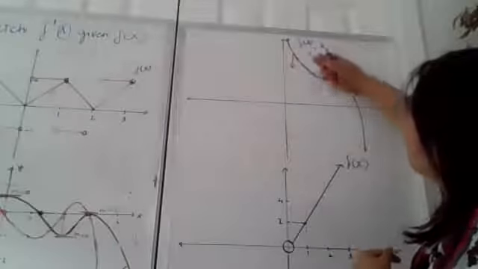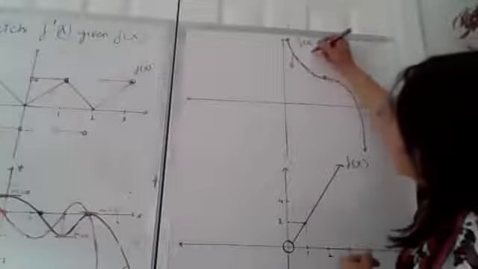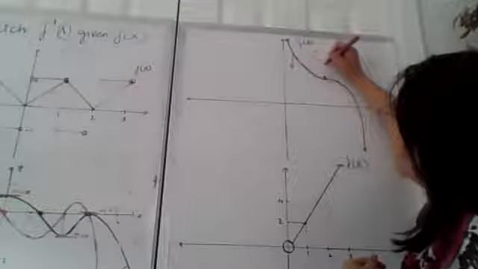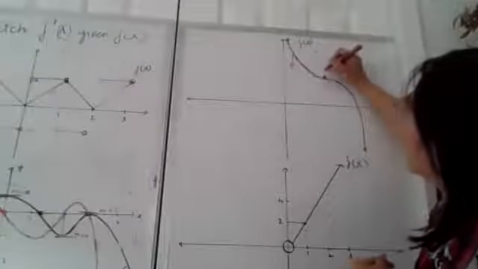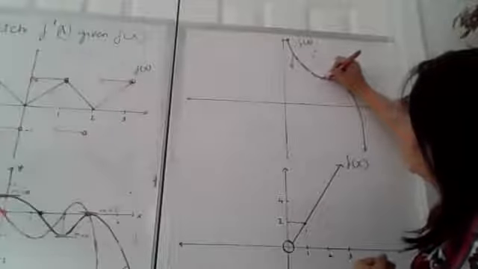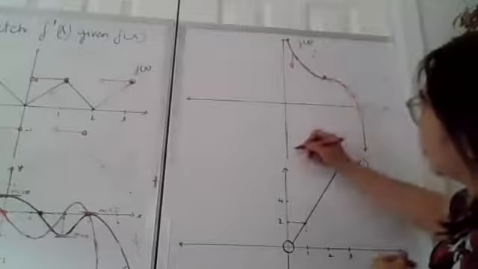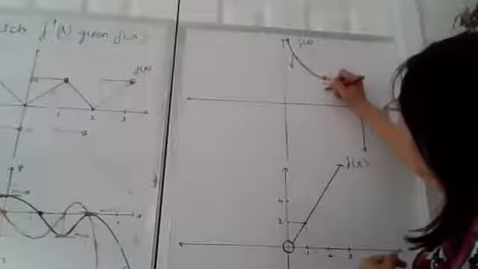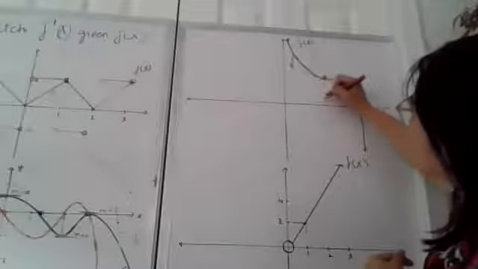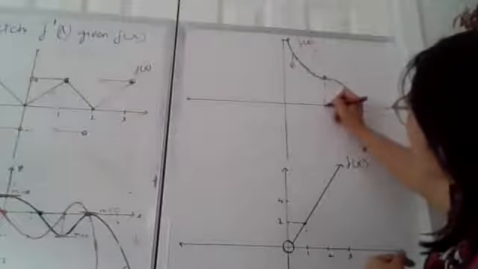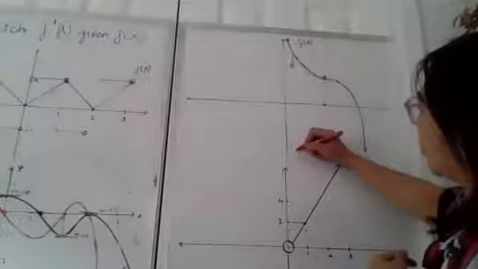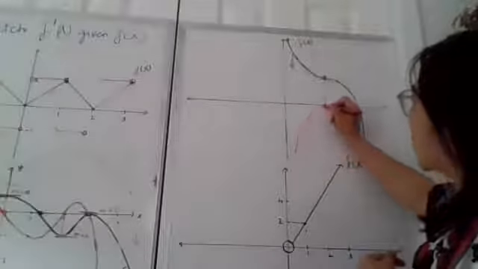So the slope at the start is decreasing, but then slightly increasing, and at this point, we have a slope of 0. So our sketch will be based on this point and slope. At this point here, we have the slope of 0.